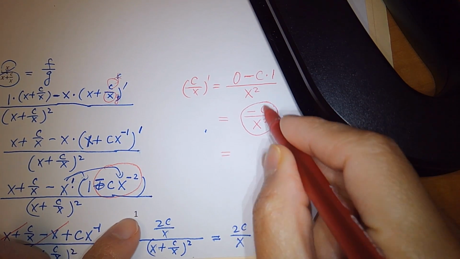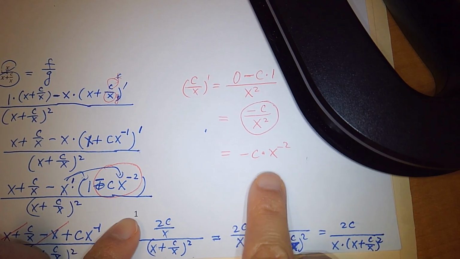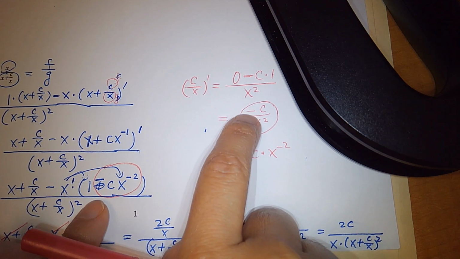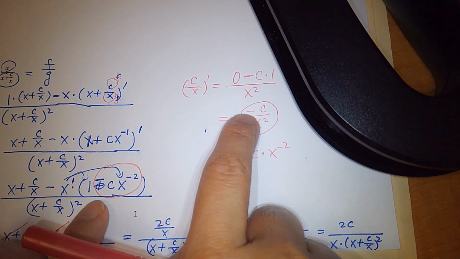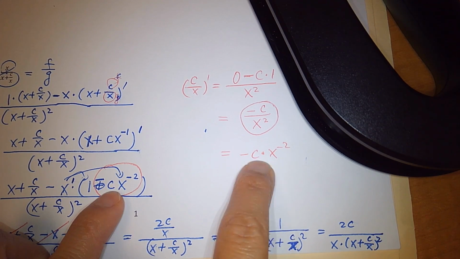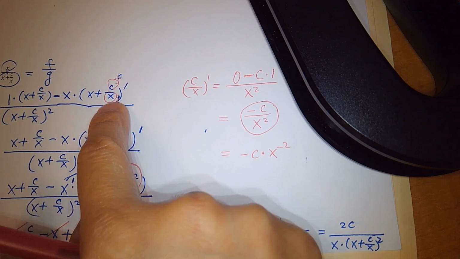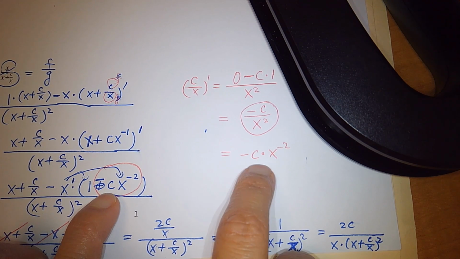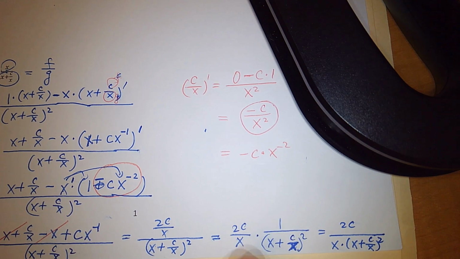Because 1 over x squared gives us x to the negative 2, right? I'm talking about the negative in front of the c. It is here: 0 minus c times 1 is c, right? 0 minus c is negative c. And you see? Are they the same? Yes, they are. So either you do it this way, or you can use another quotient rule, and we can always get the same answer. See? So c over x derivative equals negative c times x to the negative 2 power.